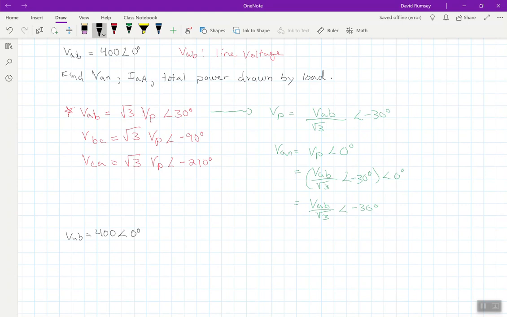So VP would be 400 at an angle of 0 degrees divided by the square root of 3 at an angle of negative 30 degrees. So VP, 400 divided by the square root of 3. Whoops, I did multiplying there. That does not work.